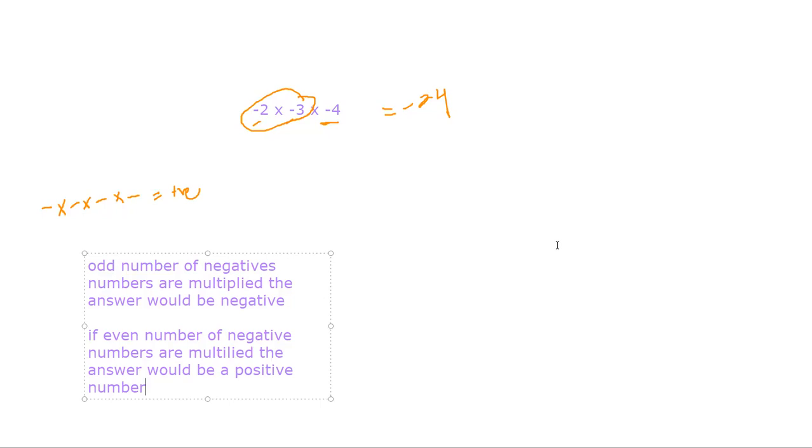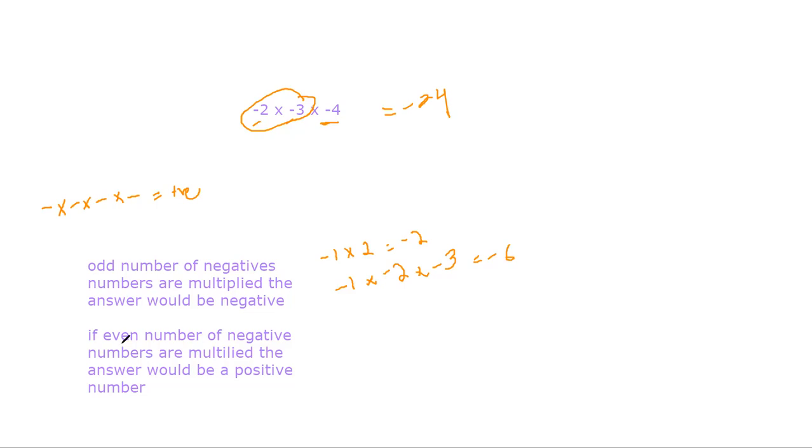So this means that odd number means that if one negative number is multiplied by one positive number, the answer would be negative. Three is again an odd number, so if three negative numbers are being multiplied, the answer would again be a negative number.